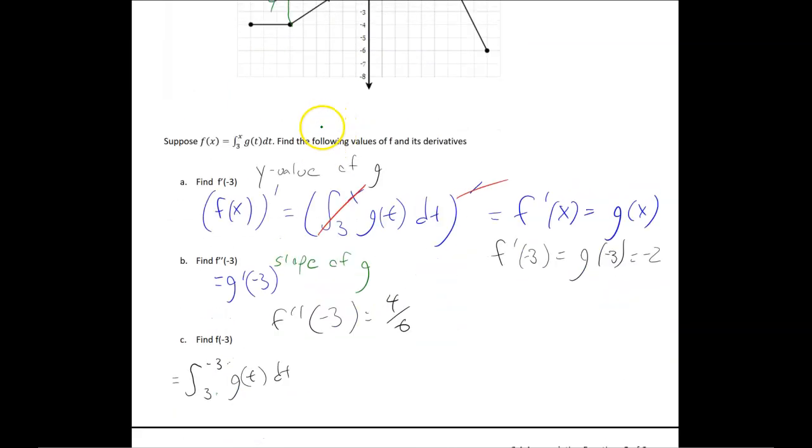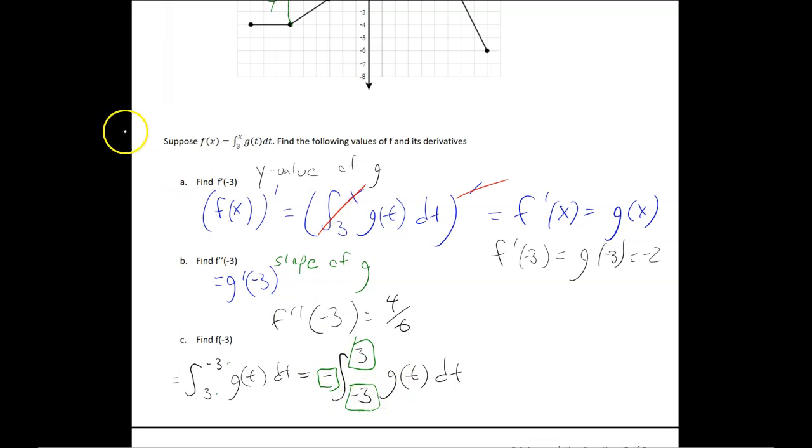So my first step here is going to be rewrite this in kind of a more proper way. It's kind of like an improper fraction, right? We can use a property of these things, which just says if I negate the whole thing, I can switch the bounds of integration like this, right? So notice I've switched now -3 to 3, and I've added a negative in front, okay?